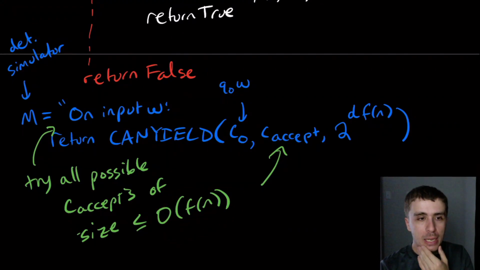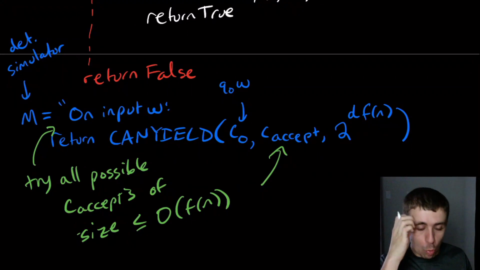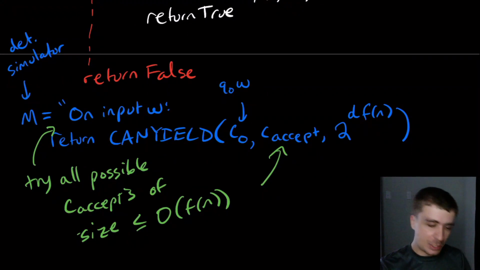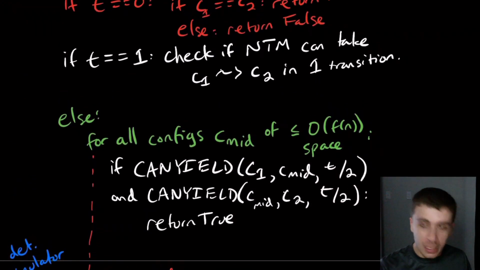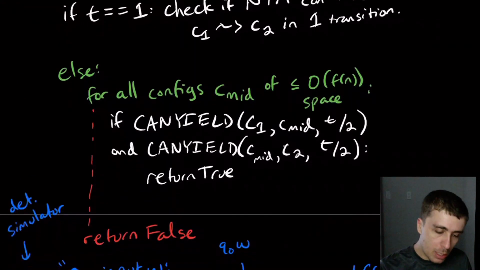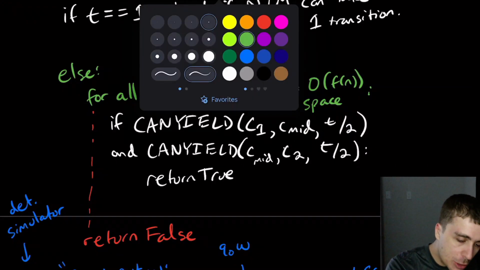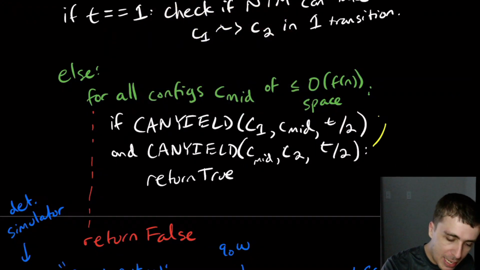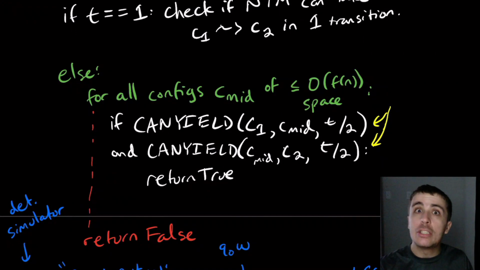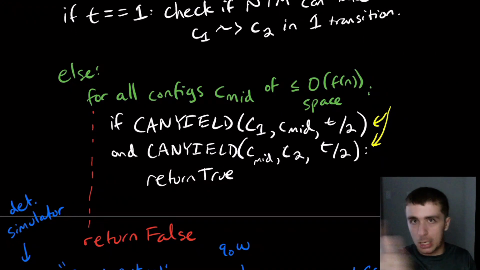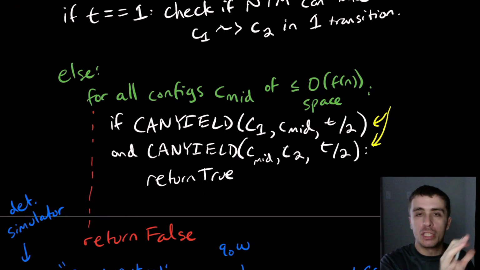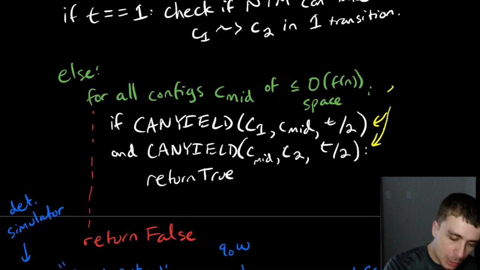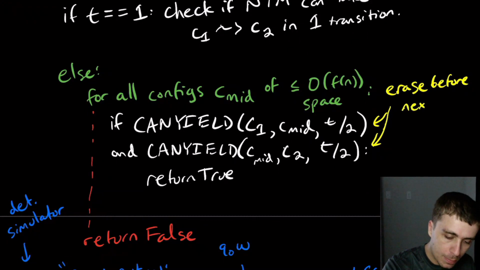Okay, so now, how do we actually figure out what the runtime of this thing is? The other crucial thing, as I was going to allude to, is that what we need to do at these points right here, these two calls are the important ones obviously, is to erase the contents of whatever was used in those recursive calls before we go to the next one. So erase before the next call.